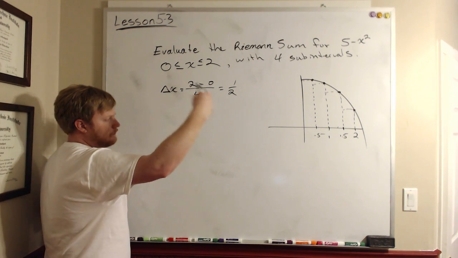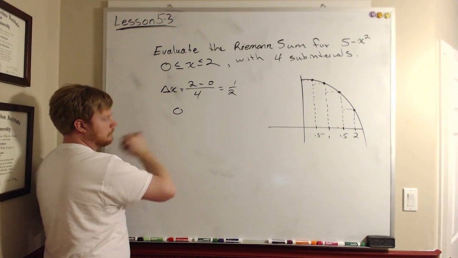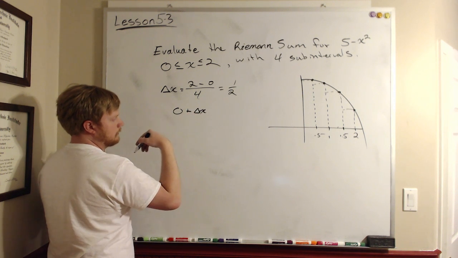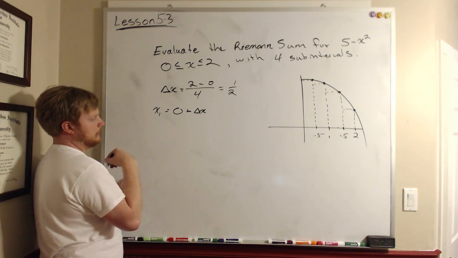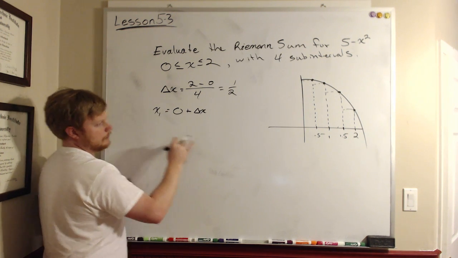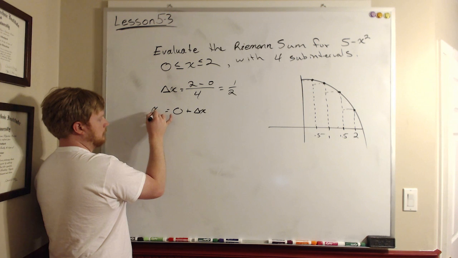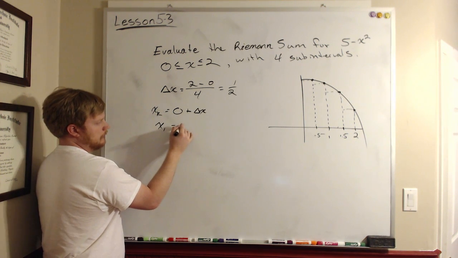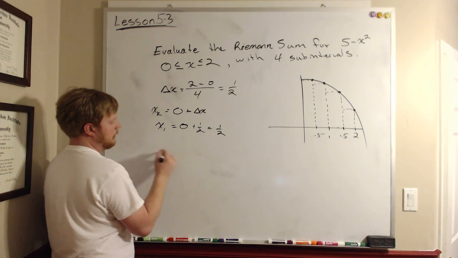And the various values of x sub k are found by starting at 0 and adding delta x. So x sub 1 is going to be zero plus 0.5, which is 0.5.